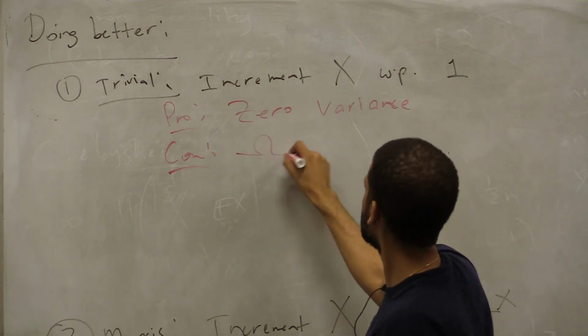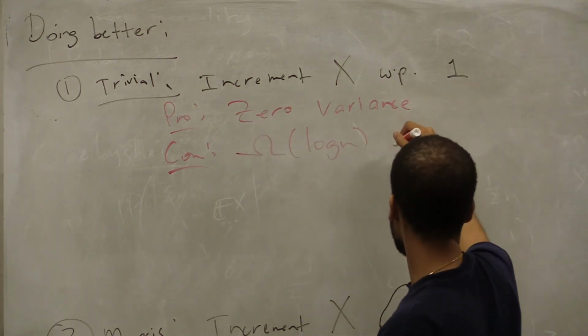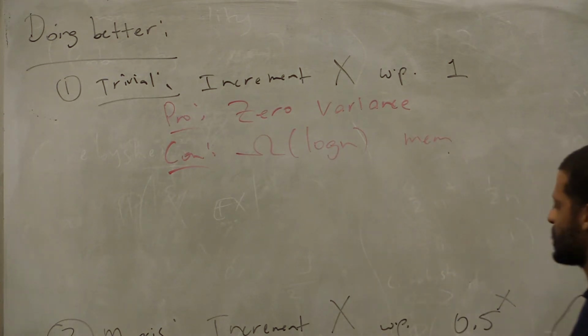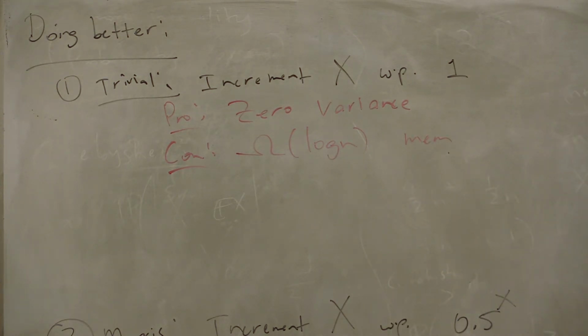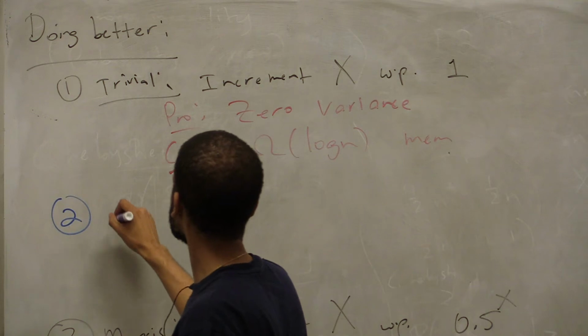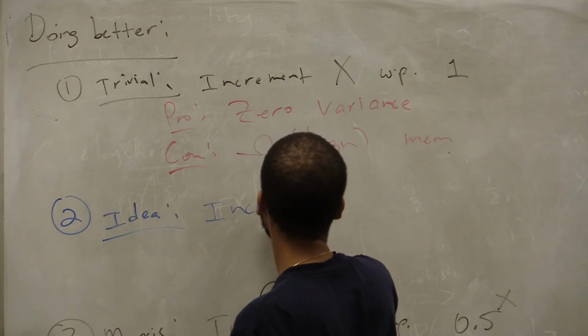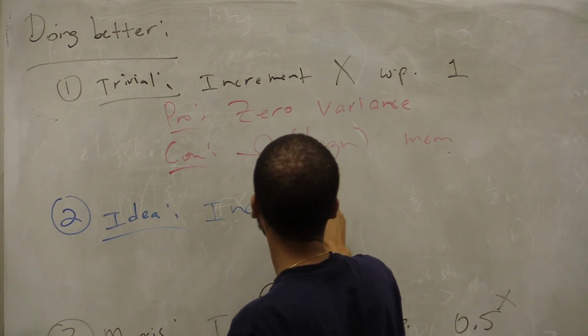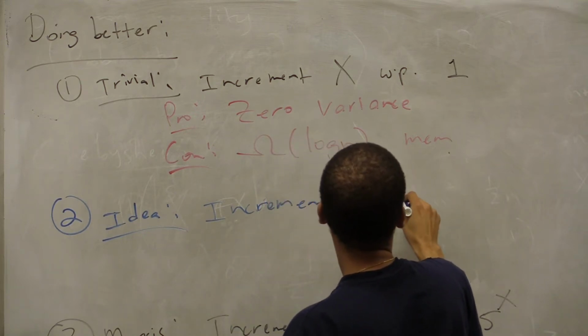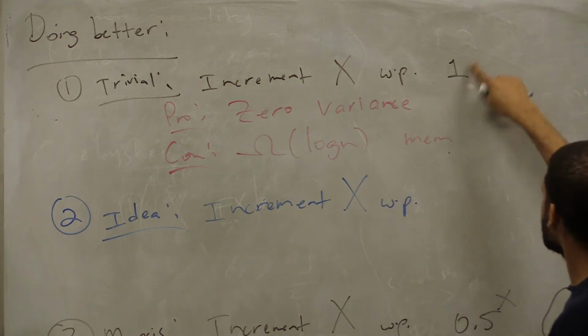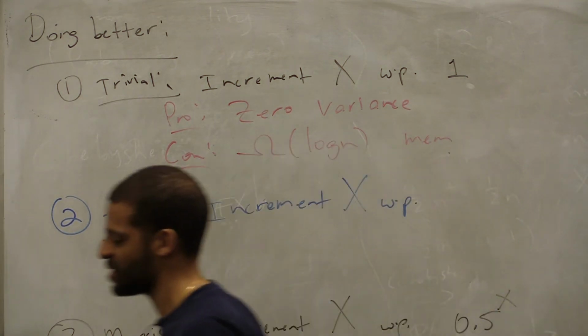You're using log n bits of memory, whereas here you're only using log log n. So the idea is, why don't we do something in between? Increment x with probability not 1 to the x. So this is basically, 1 is the same thing as 1 to the x, right?